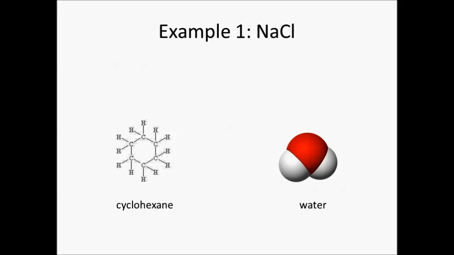For example, sodium chloride, when dissolved in cyclohexane, will only have dispersion forces between cyclohexane molecules and the sodium and chloride ions. These dispersion forces are relatively weak and will not counterbalance the loss of ionic bonding in sodium chloride.